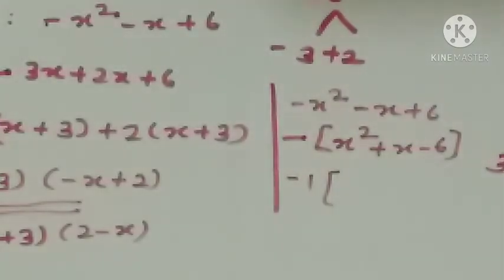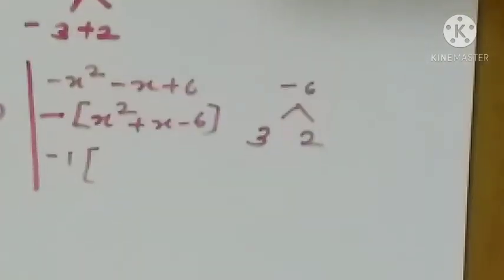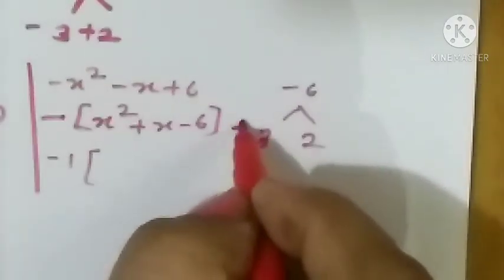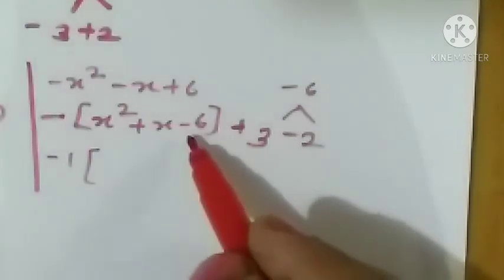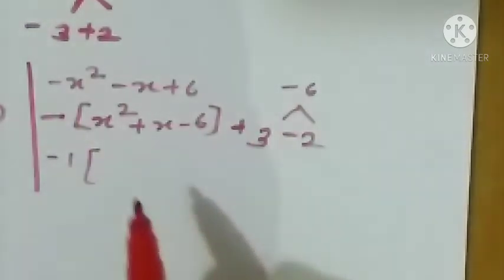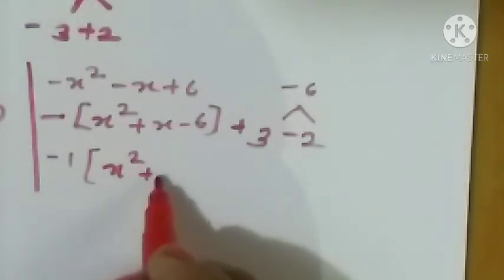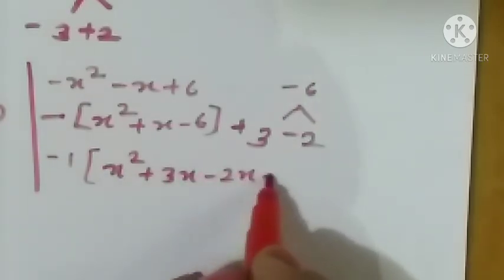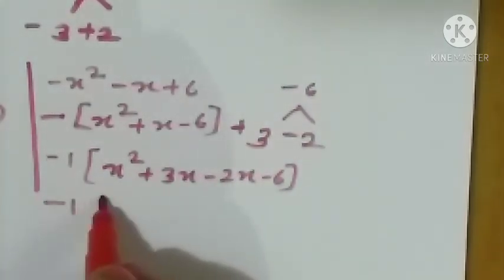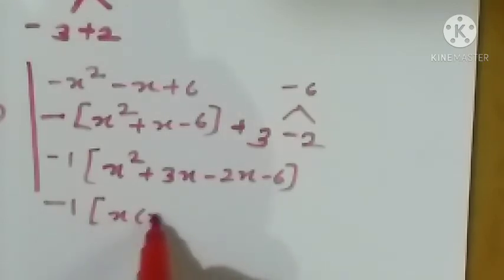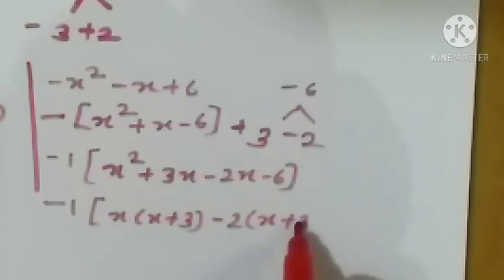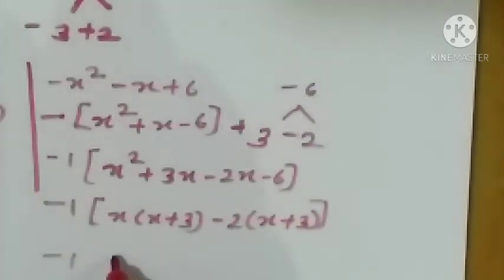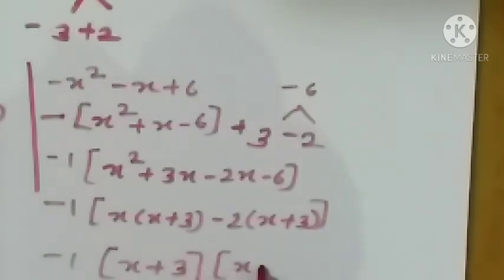So 3 will be positive and this will be negative. Just check that 3 and 2 is 6 only, plus 3 and minus 2 if you add, you will get plus 1. So x square plus 3x minus 2x minus 6. So minus 1 outside. Again x into x plus 3, minus 2, take out x plus 3. So minus 1 into x plus 3 into x minus 2.